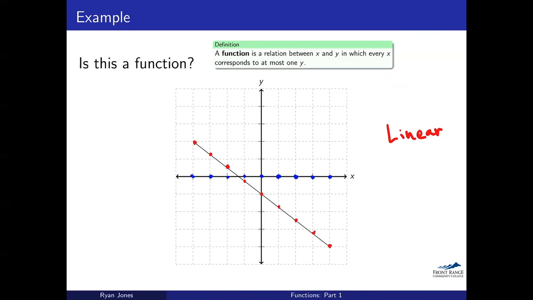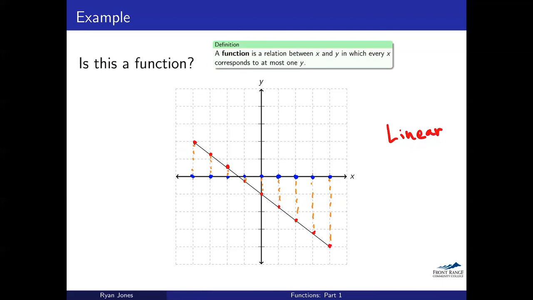The question is, do any of these blue points correspond to more than one red dot? You can very easily see that that's not the case. They all correspond nice and neatly, one for one. There's no doubling up, if you will.